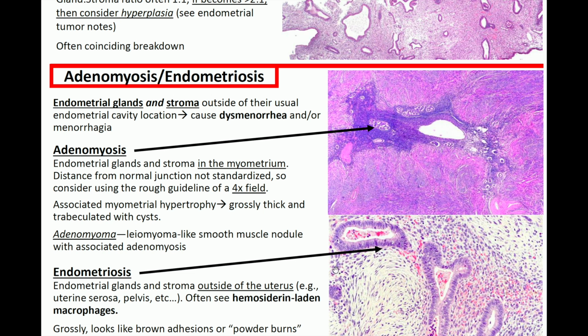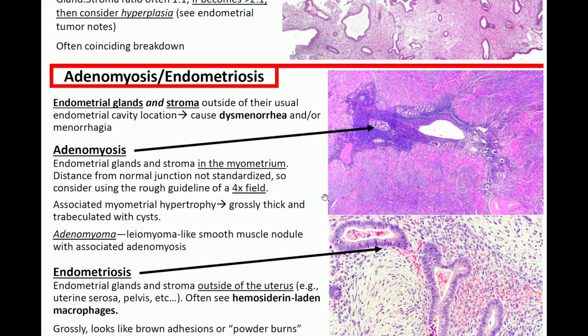Here in the bottom right, we have an example of endometriosis. So it can be kind of tricky. Things that pop into my mind is you can have appendiceal specimens with endometriosis, ovarian. It can kind of spread anywhere in that region.